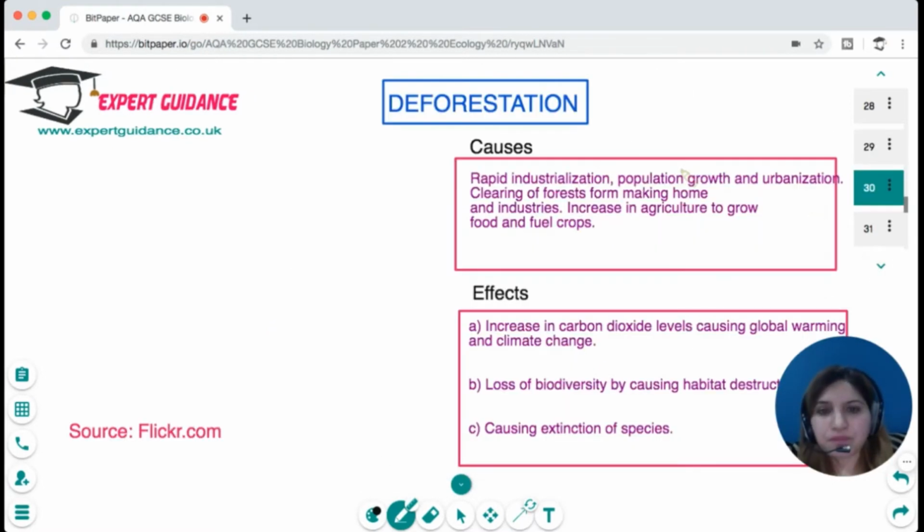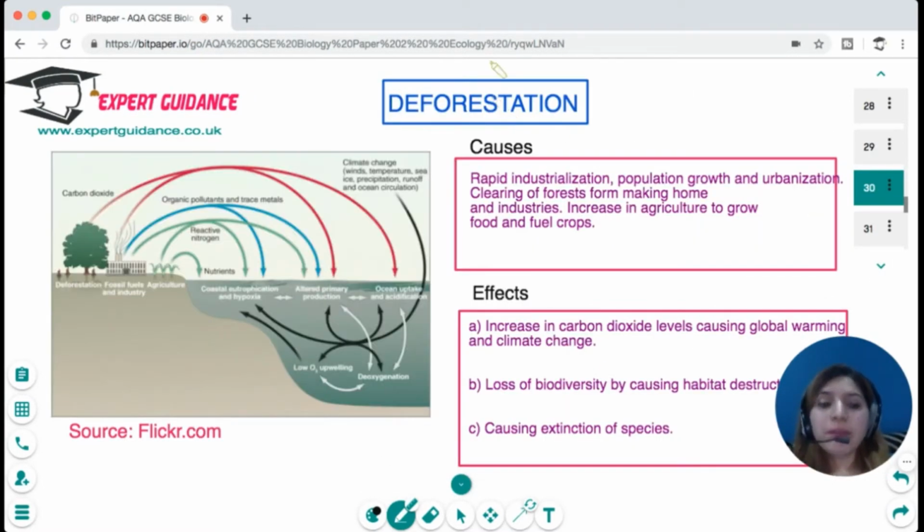Now, an important contributor to everything is deforestation. How is deforestation caused? It is caused by rapid cutting of the trees due to rapid industrialization, population growth and urbanization, clearing of the forest for making homes and industry, and increase in agriculture to grow food and fuel crops.